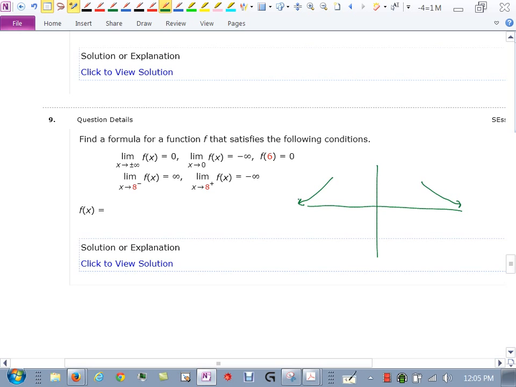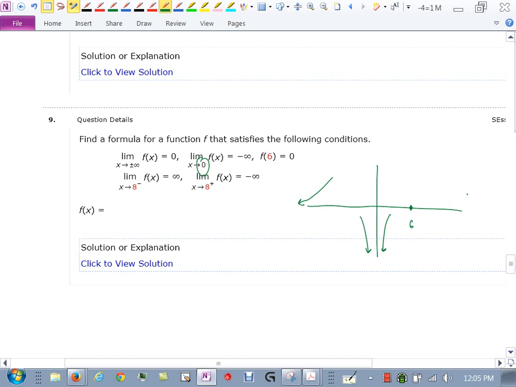As I go to 0, I need to go to negative infinity. And notice it says 0, and it doesn't say which side, so that means both sides. So I need to go like this. I need f of 6 to be 0. So at 6, I need it to be 0. And as I approach 8 from the left, it goes to positive infinity.